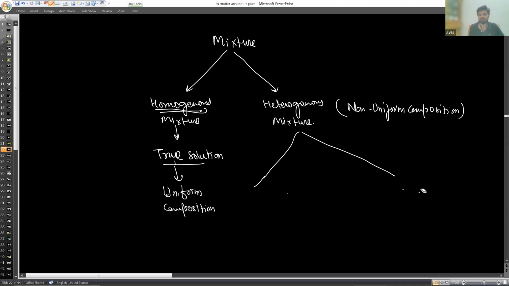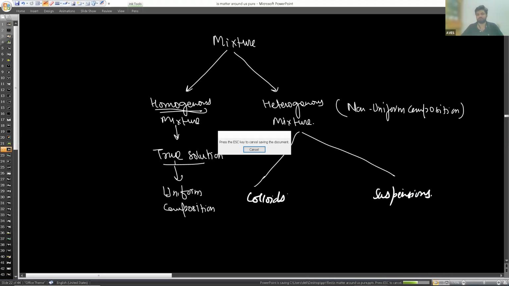Make colloids here and suspension there.